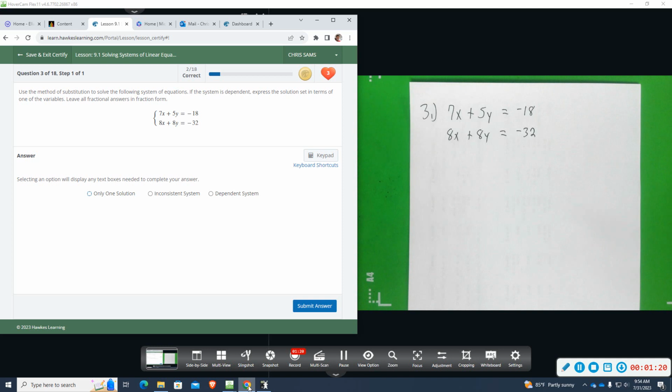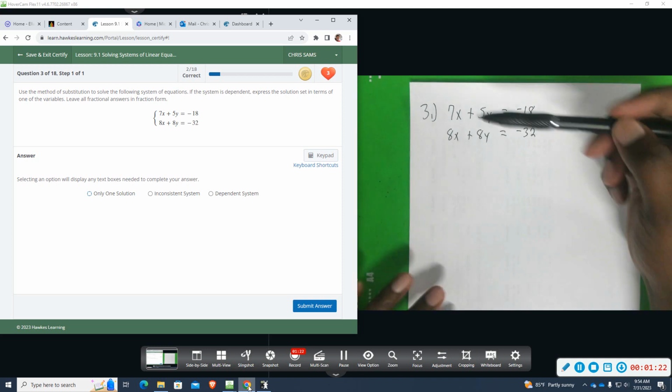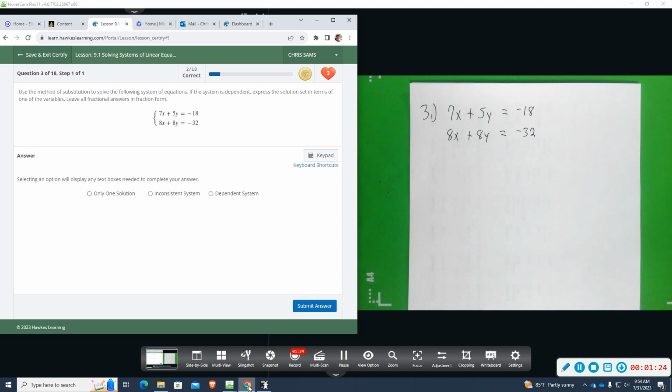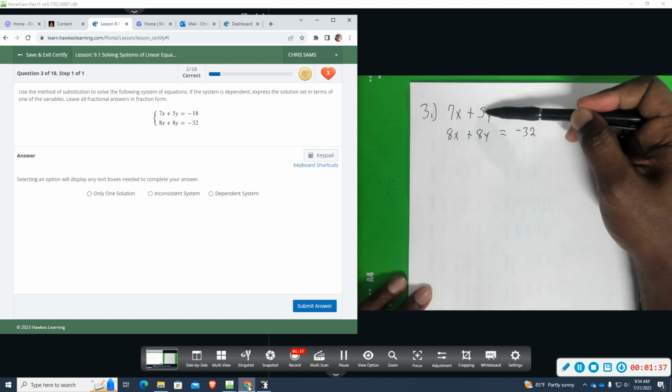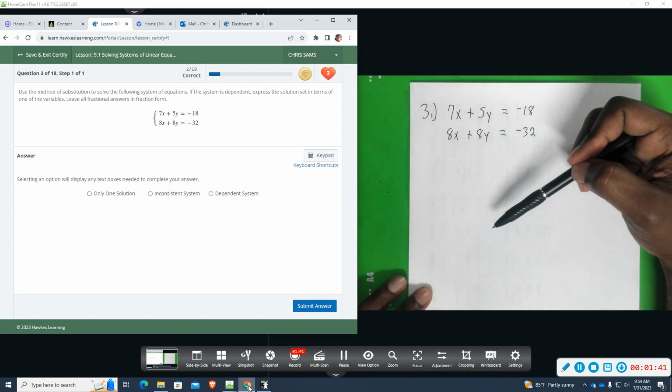Okay, so in order to do elimination, we want to eliminate either x or y. Either one is fine. What we look for is the numbers that I can find a least common multiple of. So I need the numbers in front of x to be the same, or I need the numbers in front of y to be the same. And I also need the sign to be opposite.